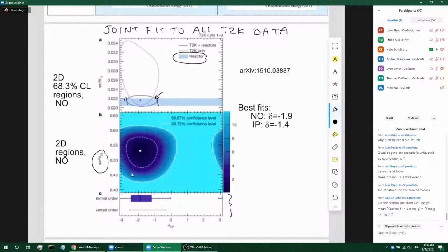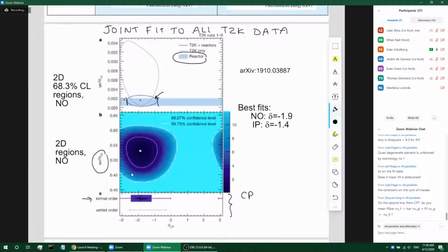This is marginalized. If you just focus in on what the constraints are for CP delta, this just skims the 0, and so this is at 3 sigma. And this one here is normal ordering. This bar here, I believe, is the 1 sigma.